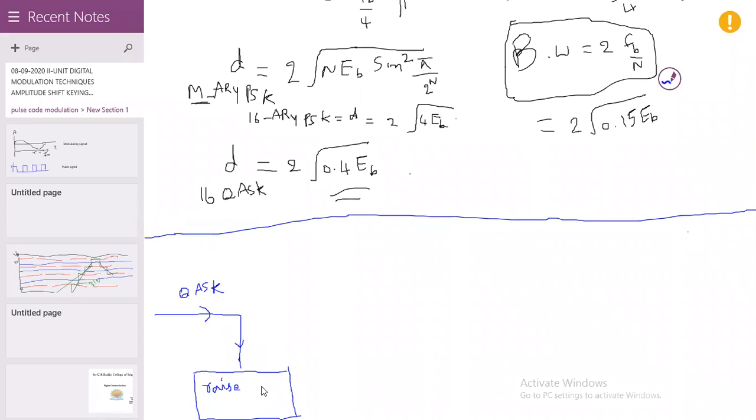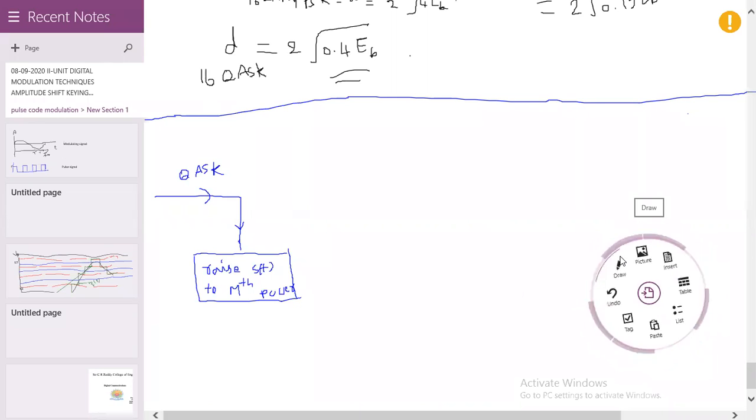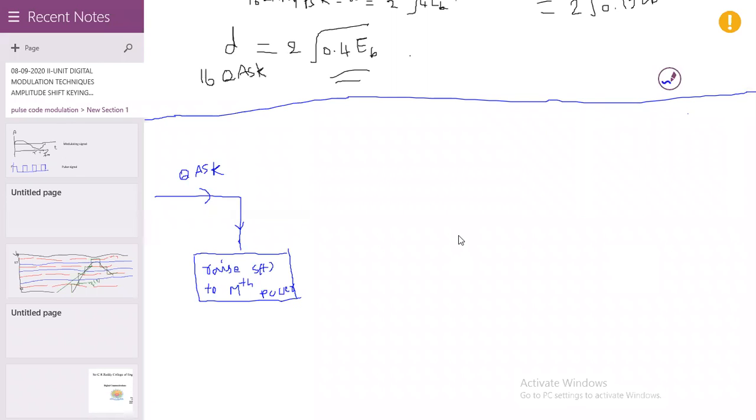The received signal is raised to the mth power. Then whatever blocks are present in M-ary PSK, the same block diagram can be used.